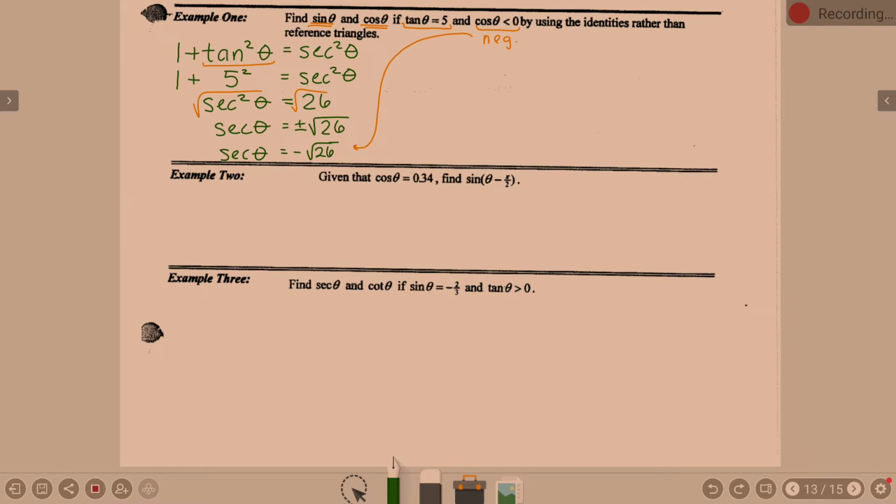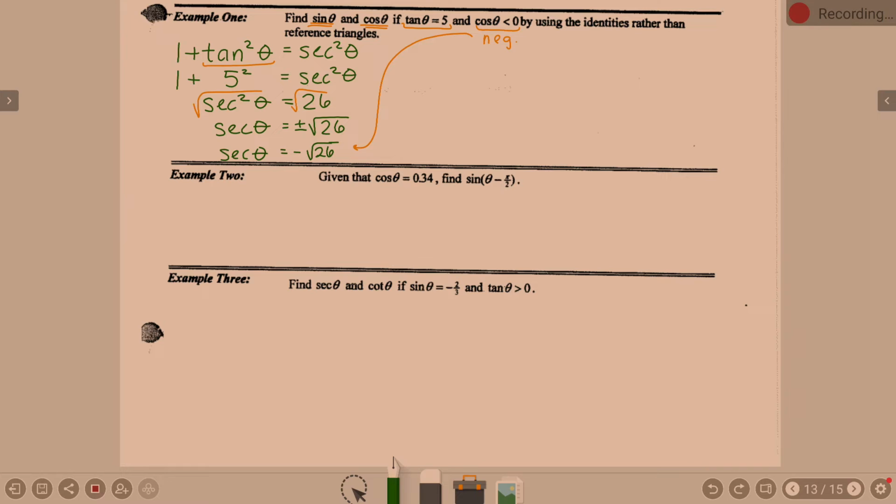Make sense? Now, all that work, and that's not really what they asked us for, but can I find one of my answers now? Yes. What do I know? The reciprocal is the answer. Officially, what is cosine? 1 over the negative square root of 26. That's perfect thinking.